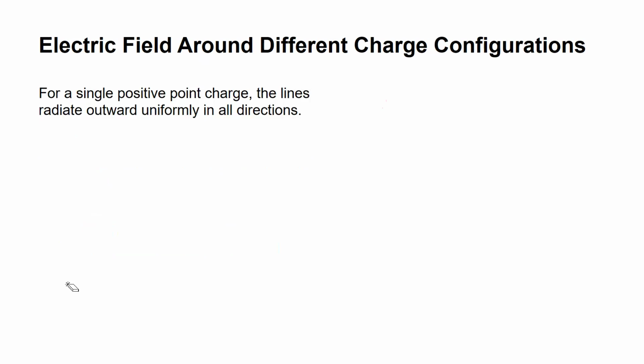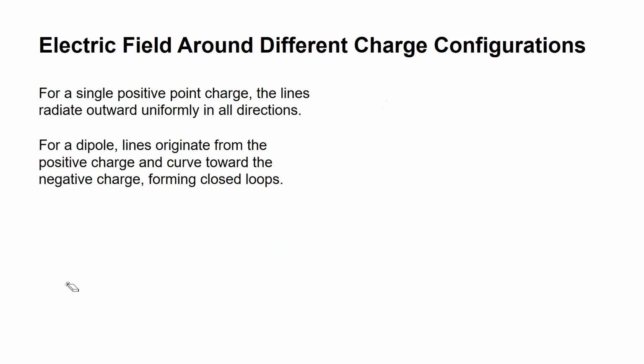So then, electric field around different charge configurations. For a single positive point charge, the lines radiate outward uniformly in all directions. So when you have a single positive point charge, all the electrical lines of forces radiate outward uniformly in all directions.